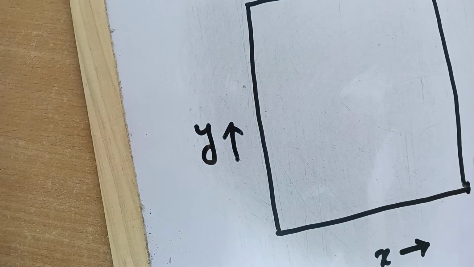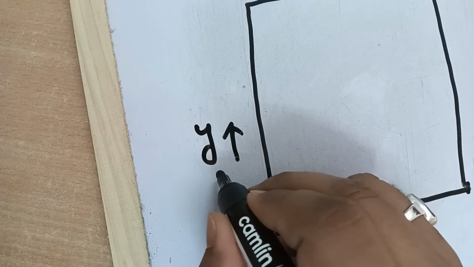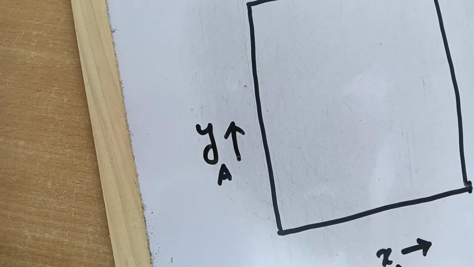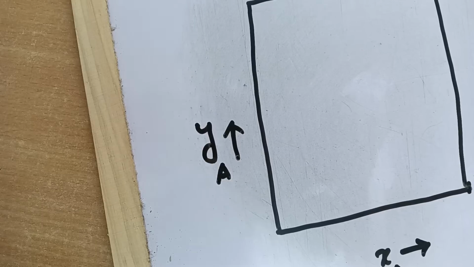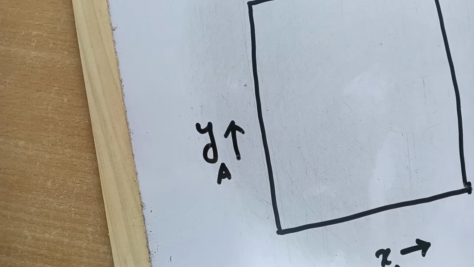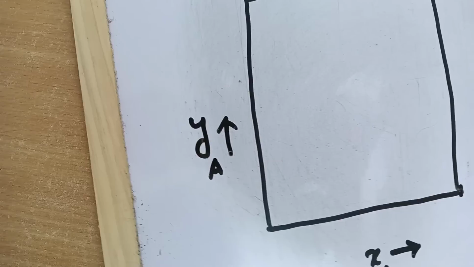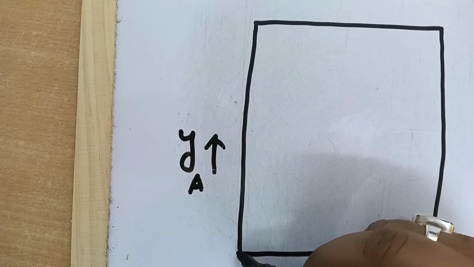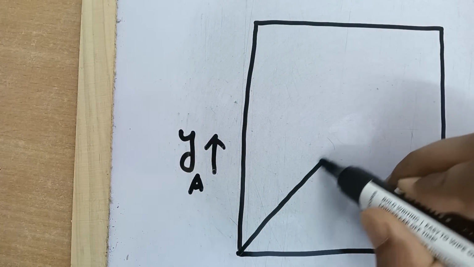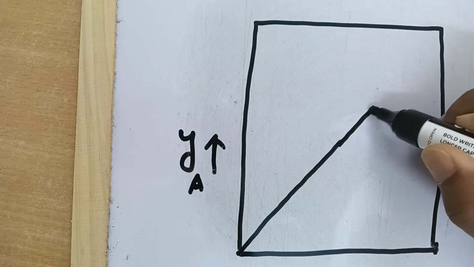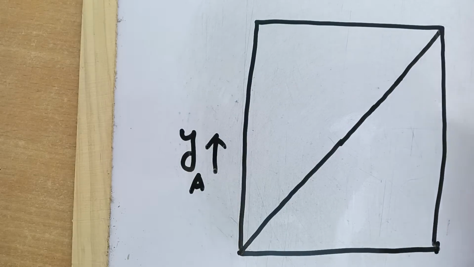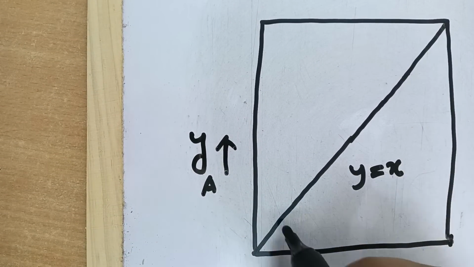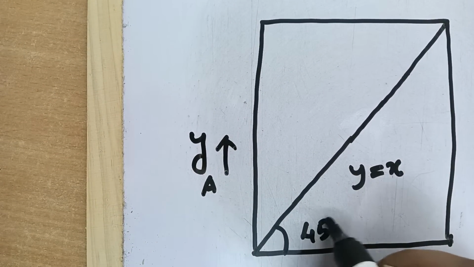Since A is the more volatile component, the data has to be represented with respect to the more volatile component, A. So you have y and x, and then you join the two opposite points and make a diagonal. This is nothing but the y equal to x line, also known as the 45-degree line.